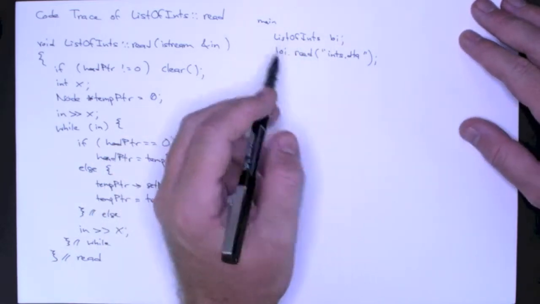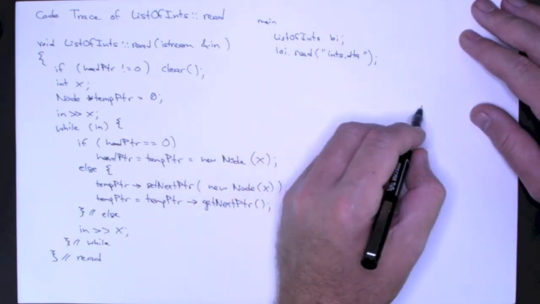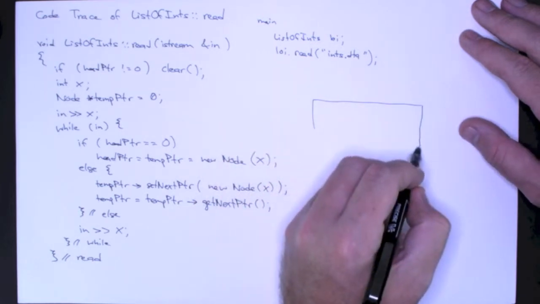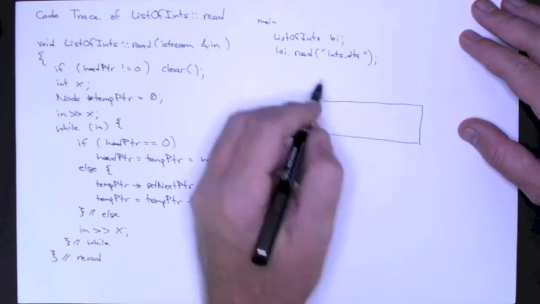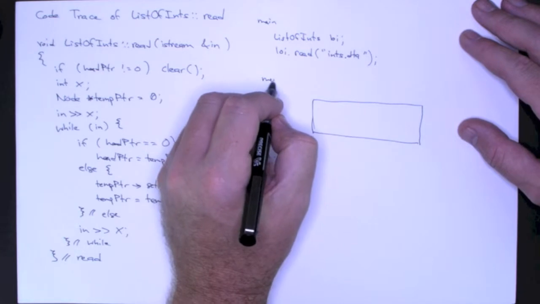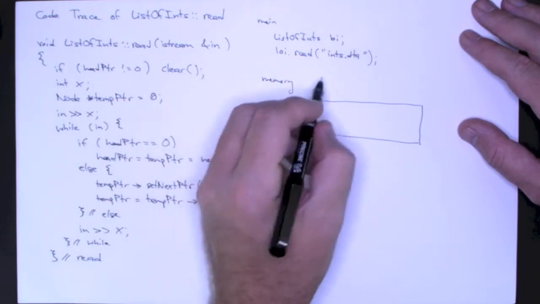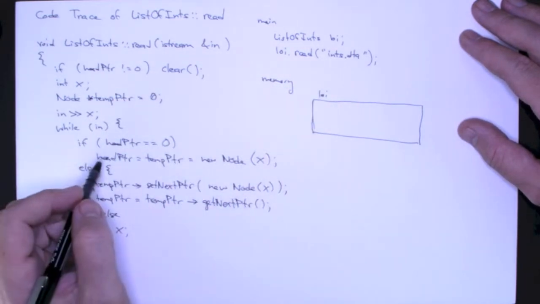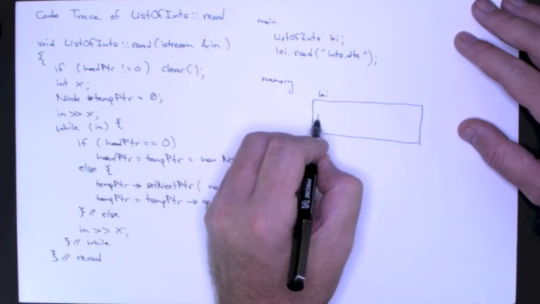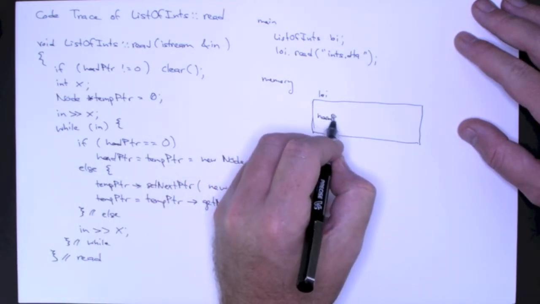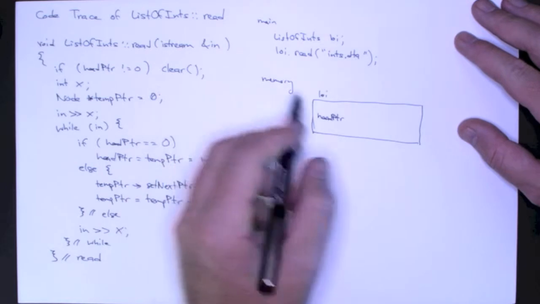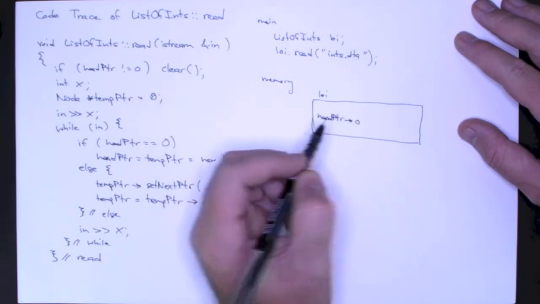Now, the default constructor, remember, is going to give us in memory, so here's memory, this LOI object, and it's going to have a head pointer. Because of the default constructor, the head pointer is going to point to null.